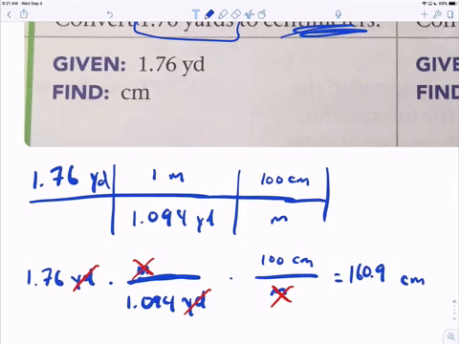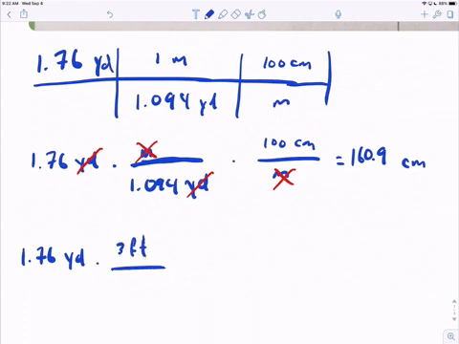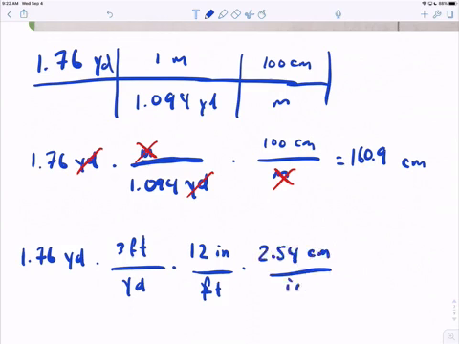Another way, the way I would do it if I didn't have the book in front of me: 1.76 yards, 3 feet in a yard, 12 inches in a foot, 2.54 centimeters in an inch.